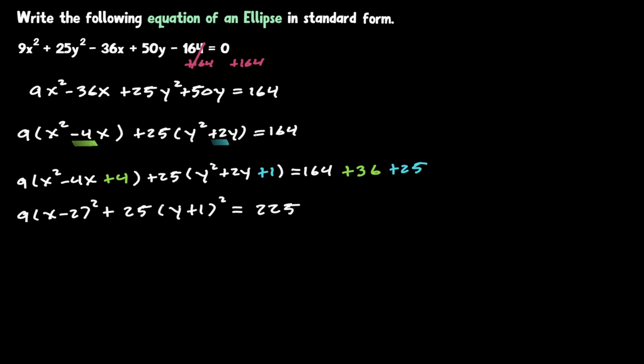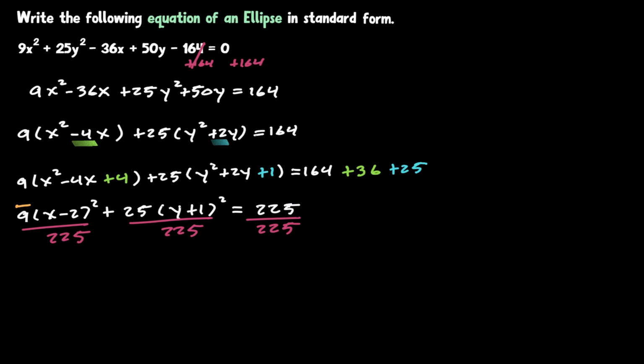So we're almost done. Do not forget that the equation of an ellipse was equal to 1. Well, right now, we have it equal to 225. So to make it equal to 1, let's divide every single term in our equation by 225. And now let's simplify our result.